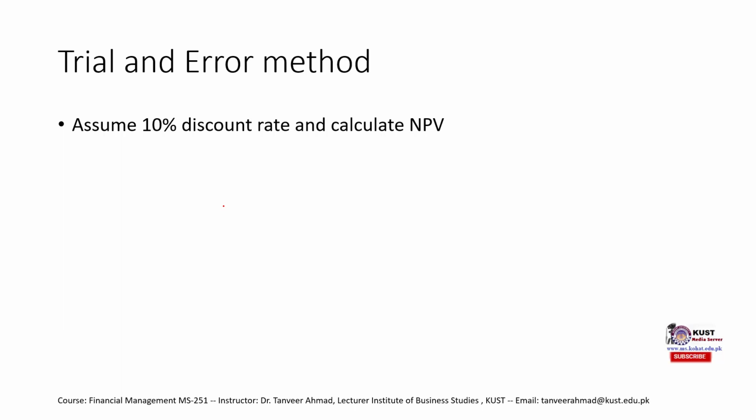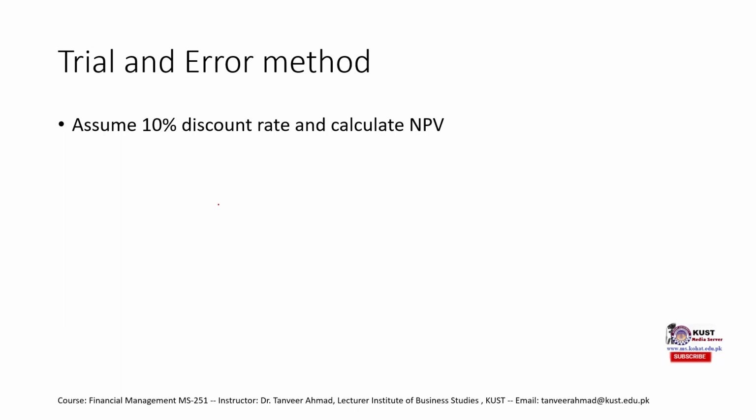We find the NPV. If NPV is not 0, then we try another discount rate. Now, whether we should try a higher or lower discount rate depends on whether the NPV was positive or negative from our first trial. If it was positive, then we need to increase the discount rate, the R value. If it was negative, then we need to decrease the R value.